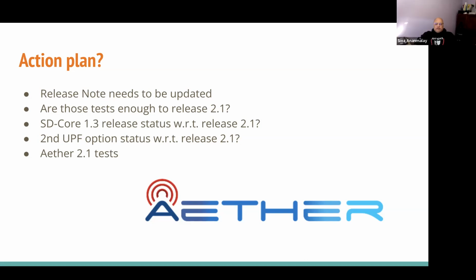Let me ask it differently. Is there a reason we would want to have SD Core 1.3 tied to release 2.1 from a functional perspective? I mean, we have added a few new features, like some metric function and some robustness testing with multiple instances of some of the network functions in SD Core. Those are features that we would like to highlight as part of the release, but that's probably not a showstopper, though they are features that we had committed to as part of 1.3.